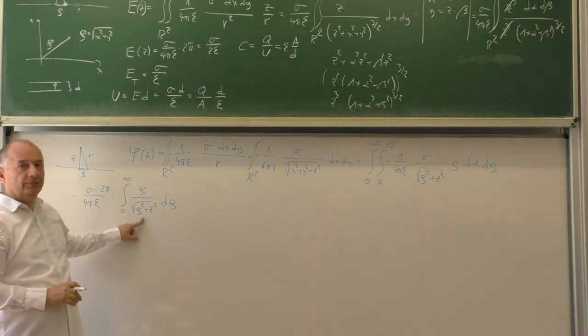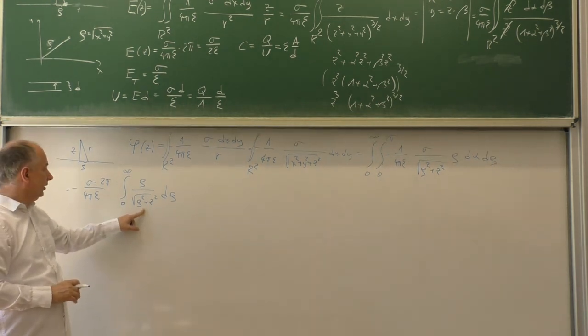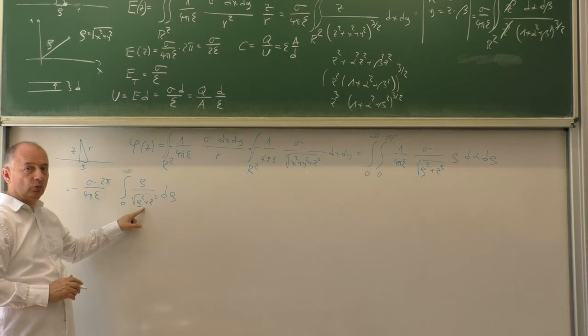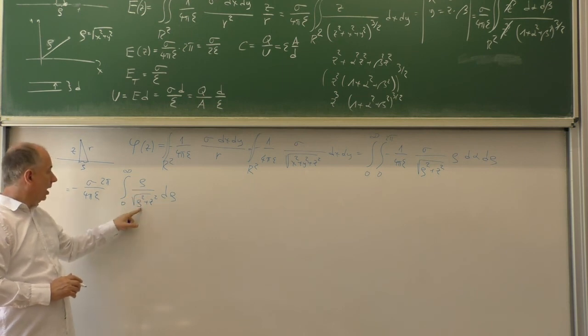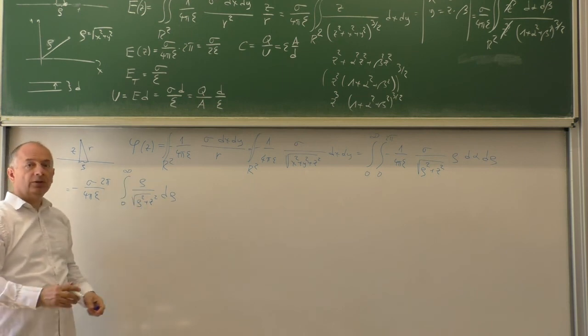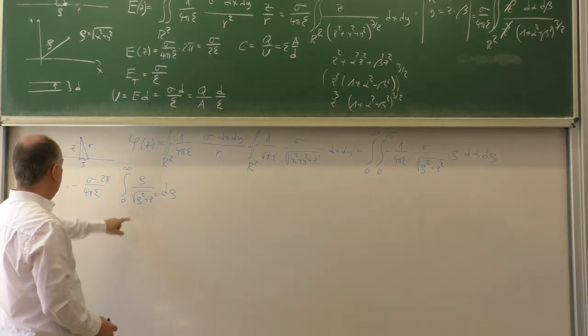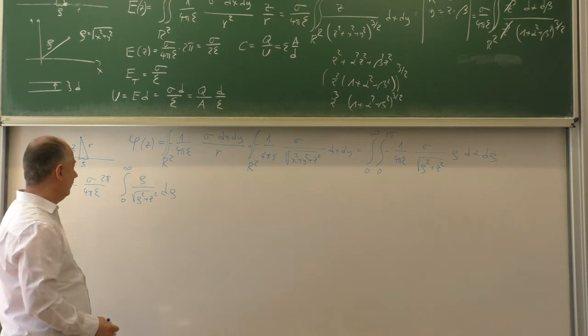But unfortunately, this integral does not converge. If rho is very large, you can forget z, and you have rho divided by rho, which is 1. An integral of 1 from 0 to infinity is not a finite value. This integral does not converge. It is equal to infinity.